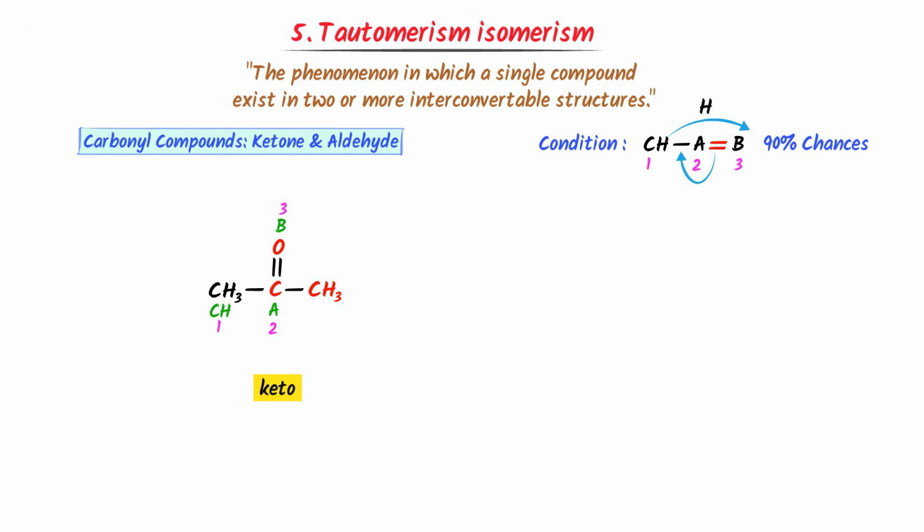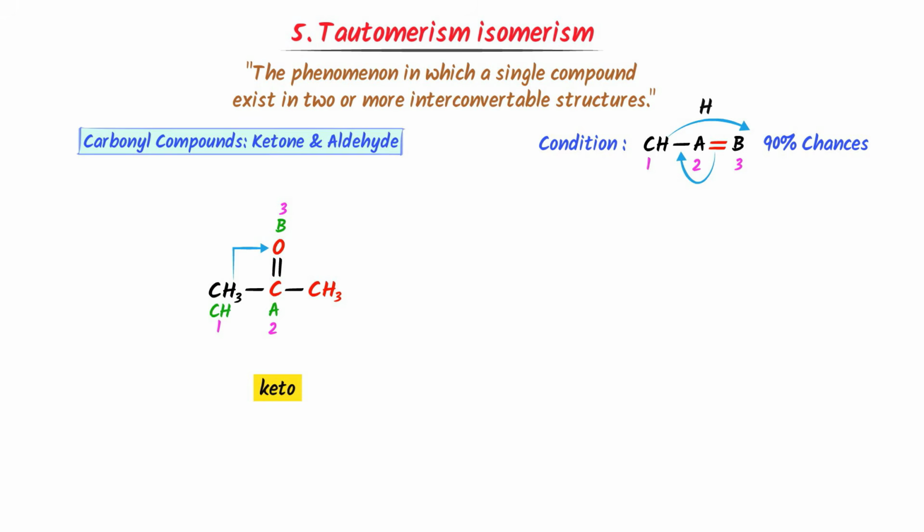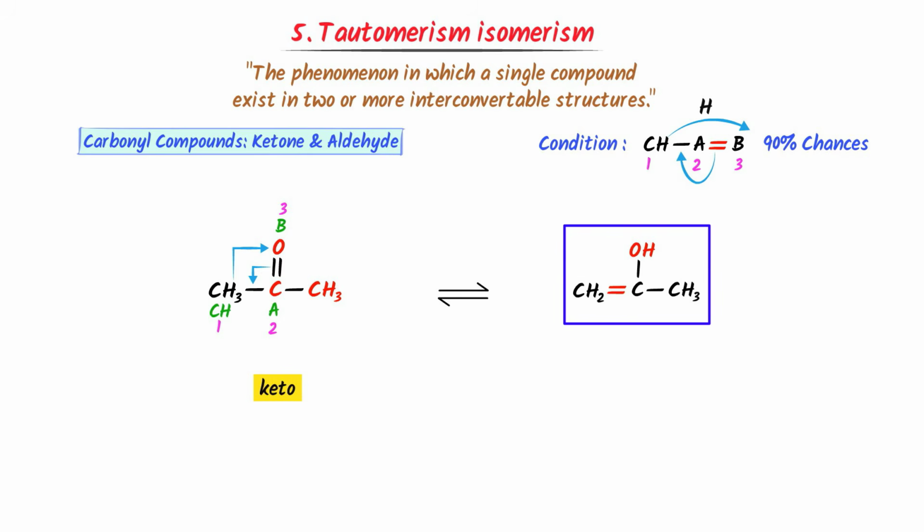Now, according to the condition, I shift hydrogen from the first position to the third position, and I shift the double bond from the second position to the first position. I write CH2 because I shift one hydrogen, double bond carbon, single bond OH, and CH3.